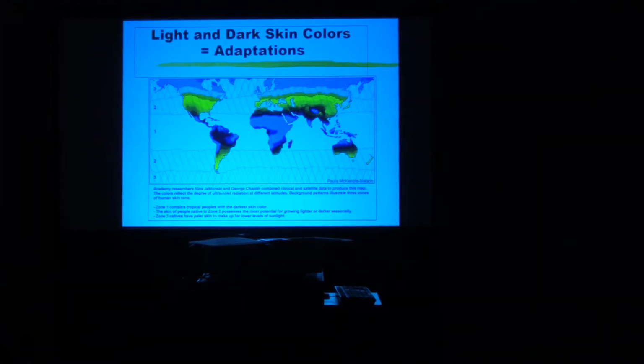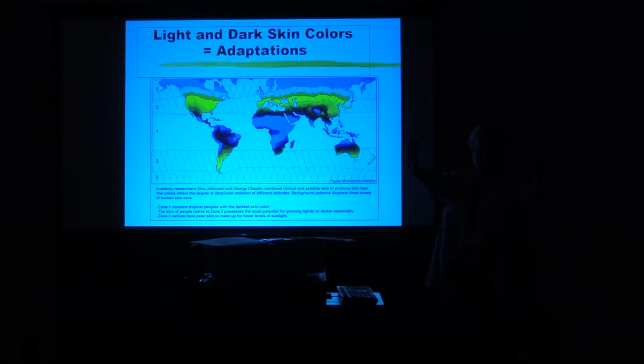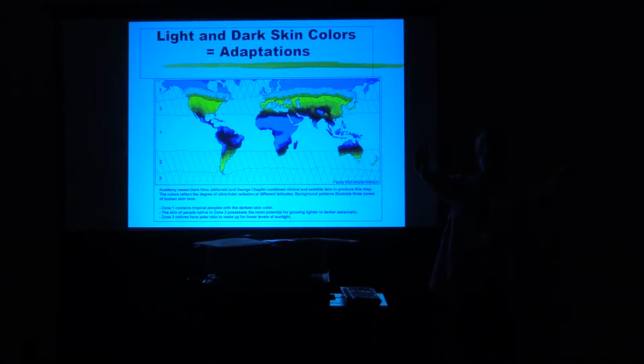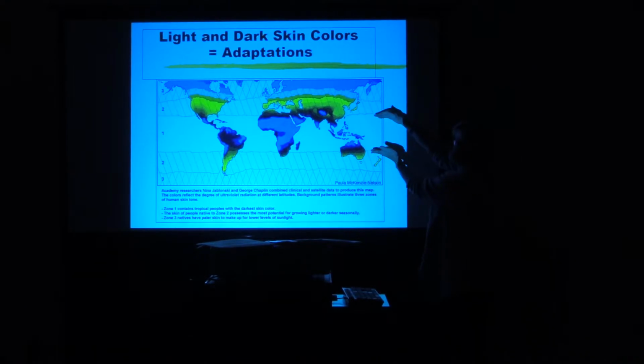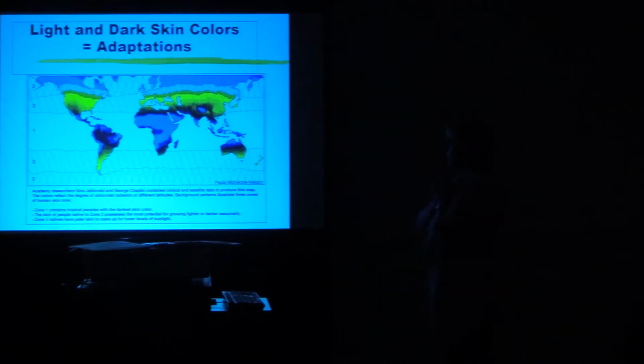All right, zone 1. It's basically where we find the indigenous peoples, so let's not forget, we're talking about indigenous populations. Zone 1 is where we find people with the darkest skin color, all right?